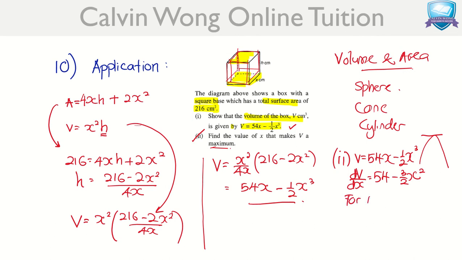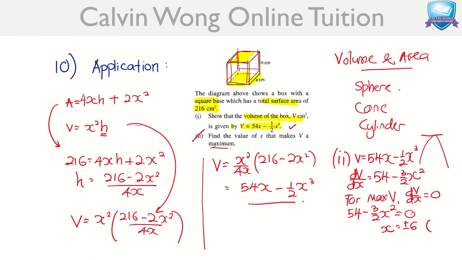For maximum v, dv/dx equals 0. So you get 54 minus 3 over 2 x squared equals 0, and you get x equals plus or minus 6.